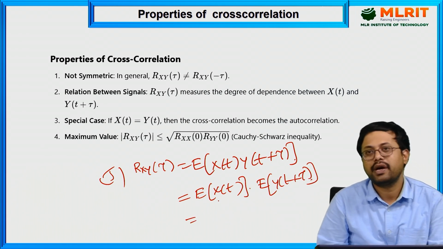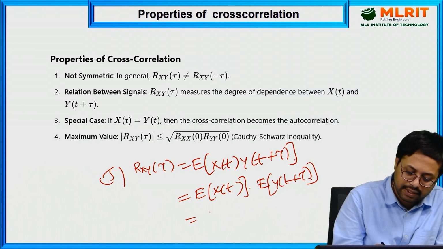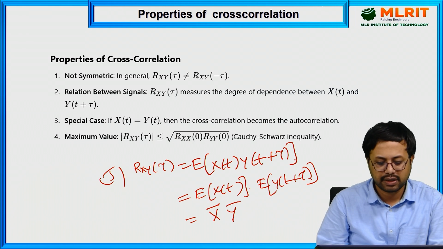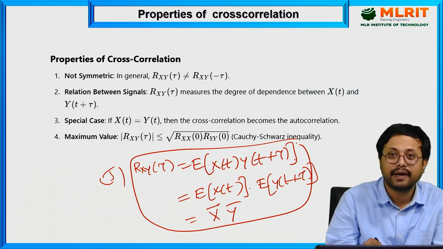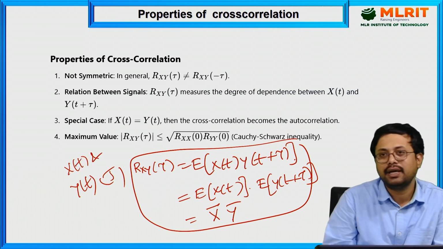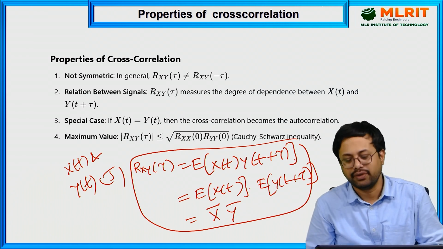If they are wide-sense stationary and uncorrelated, then it becomes x bar into y bar. R xy of tau equals x bar into y bar. You will get this only when x of t and y of t are uncorrelated and independent of each other.